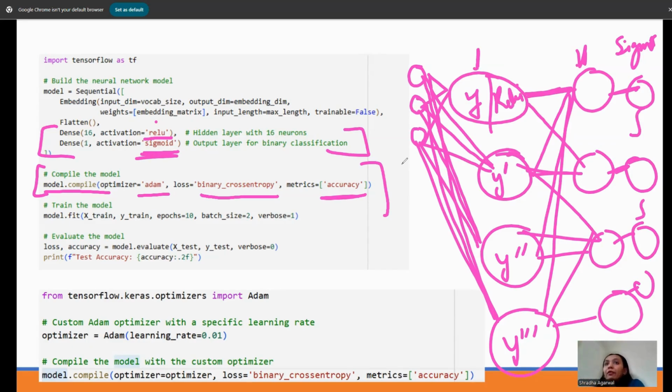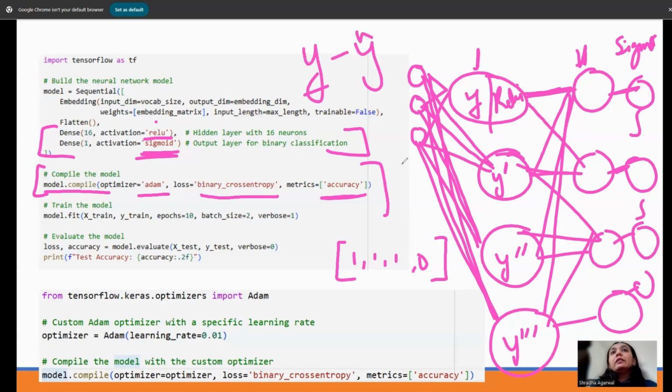And finally, when you started plotting it here, I told you initially your weights are 1, 1, 1, and it is 0. So your network is just starting up, it doesn't know what the right value is. And then it gets this y hat, y dash, and it goes and looks at your data and tries to do y minus y hat, which is your loss here.